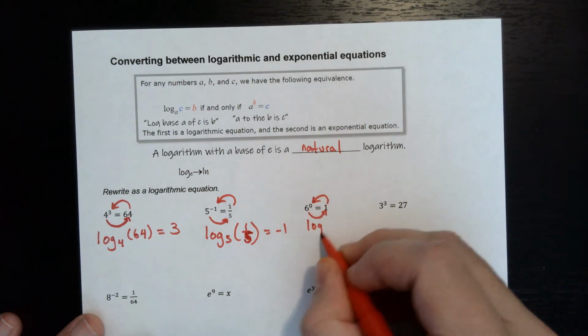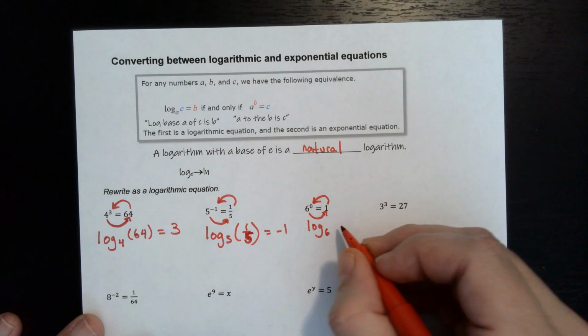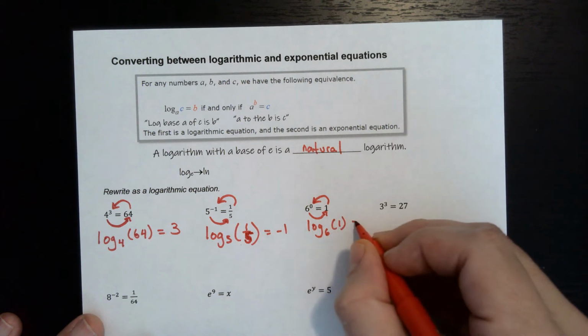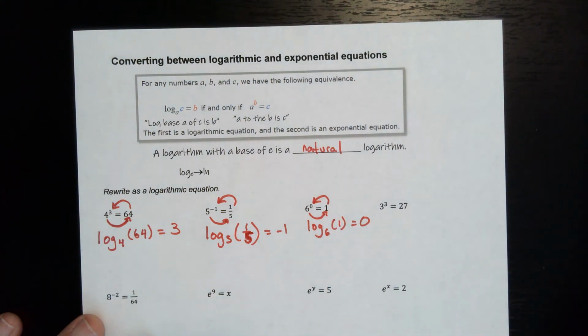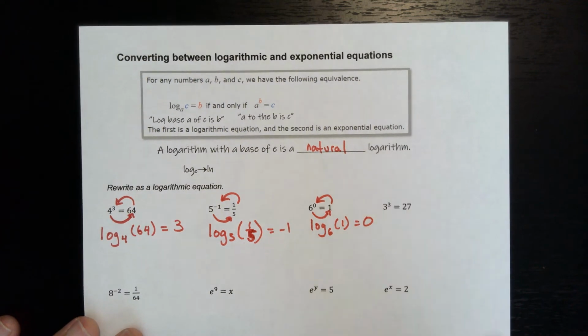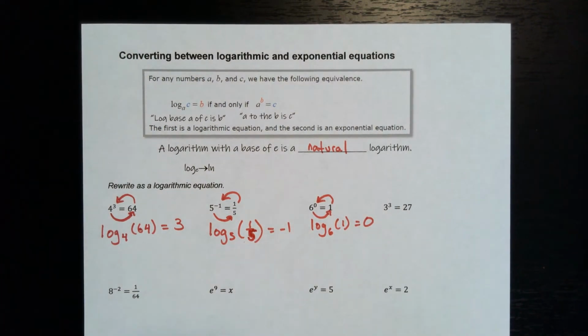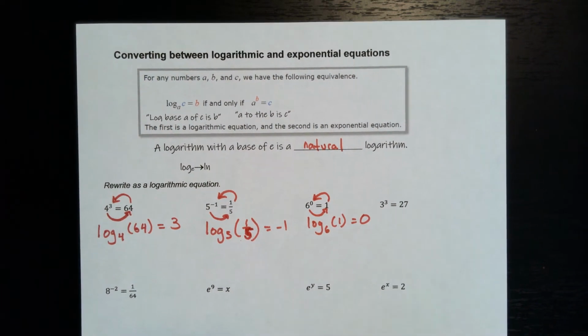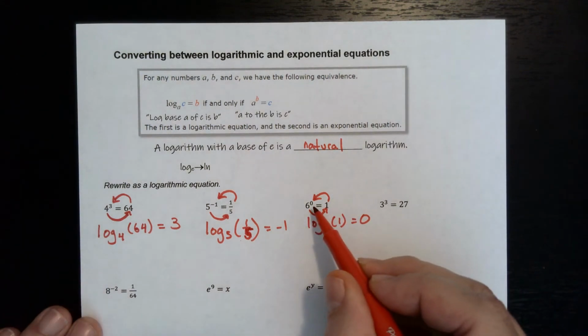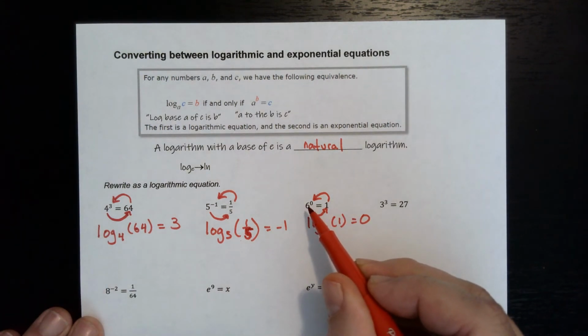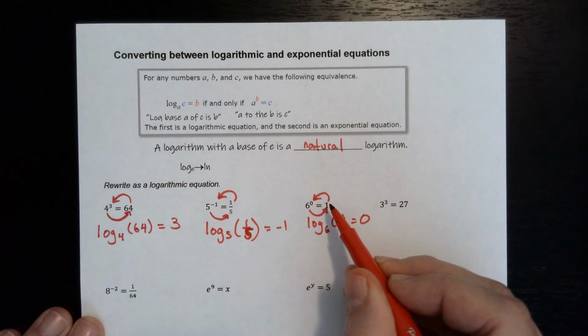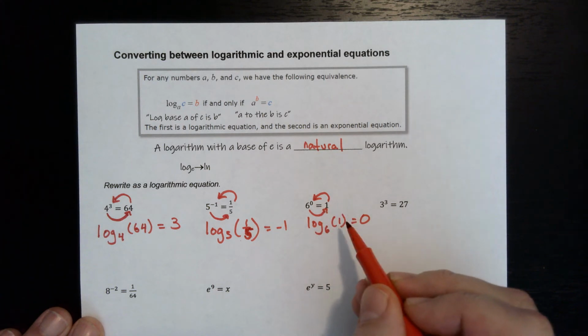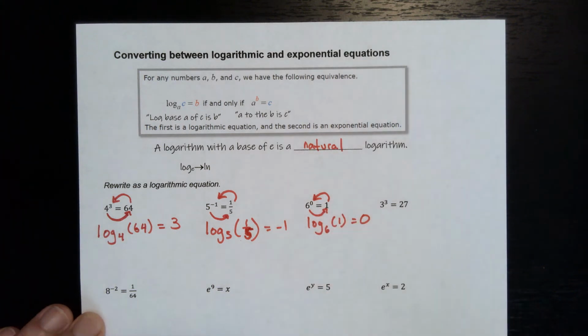Log base 6 of 1 is equal to 0. Anytime you put a 1 inside of a logarithm, it's going to be equal to 0. That comes from this other relationship, which says anytime you raise any number to the 0 power, you get 1. Thus, anytime you have a log with a 1 on the inside, it's equal to 0.